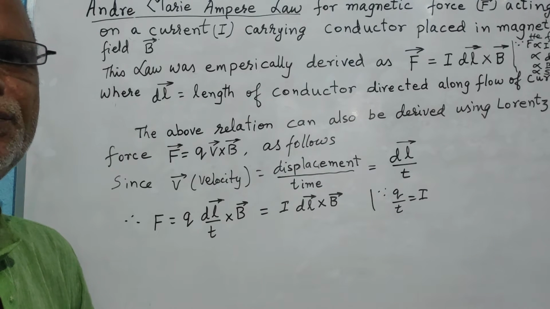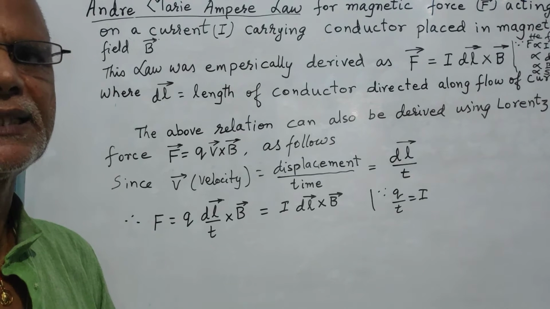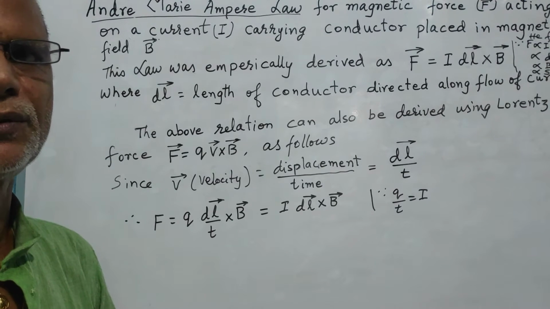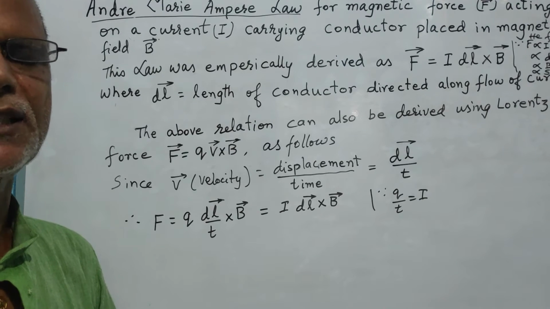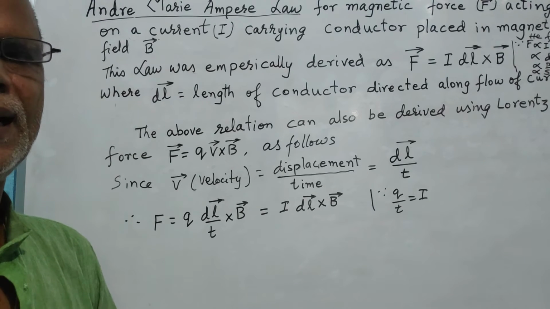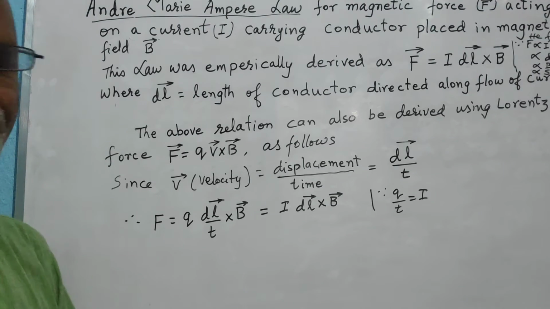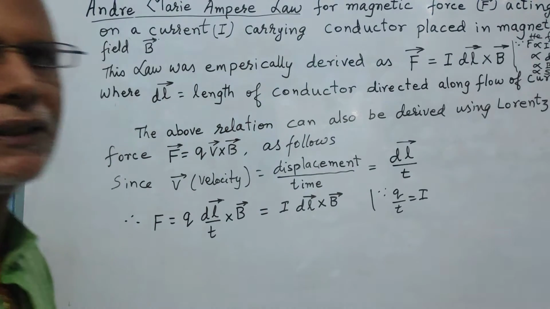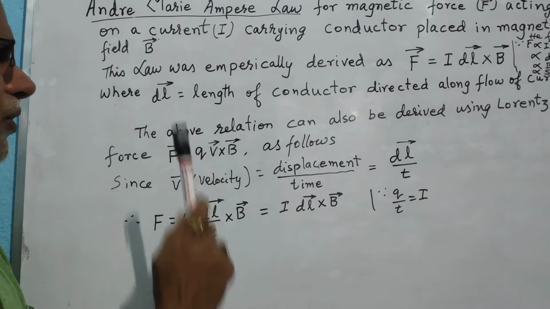there has to be some force acting on the conductor, only because the charge is moving through the conductor, electric current is flowing through it. Since the charge is moving through the conductor and there exists some magnetic field, naturally this magnetic field will apply some force on the moving charge according to the Lorentz force.